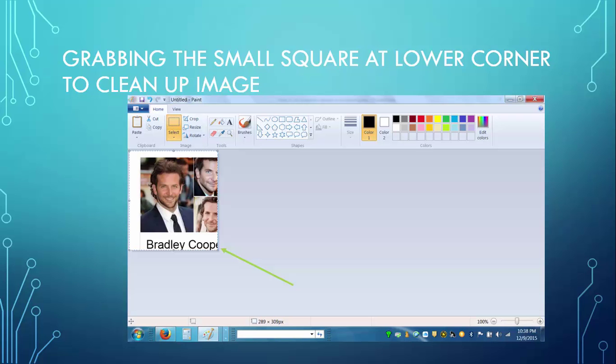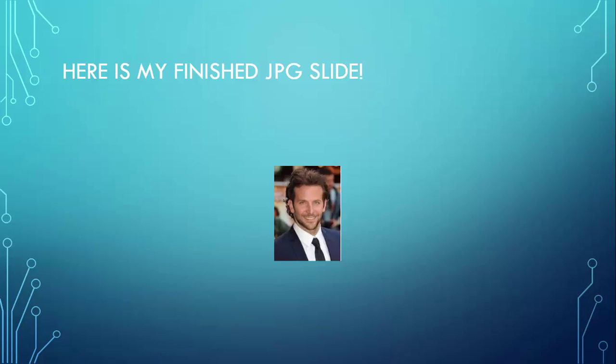You can see the little boxes in the corner, and I'm going to gently hold my left button down and push from the lower right corner toward the center of the picture until I just have my picture outlined. This will clean up the image nicely. And here's my finished JPEG file.